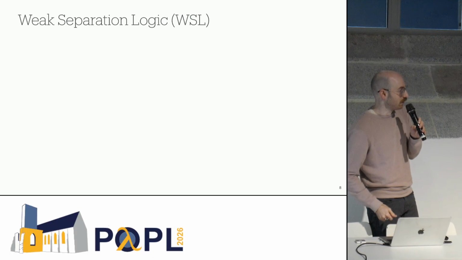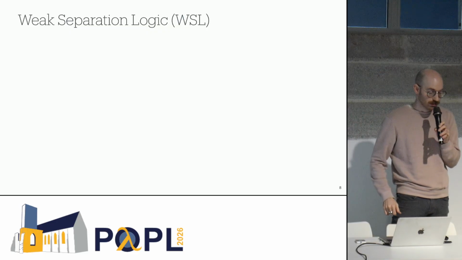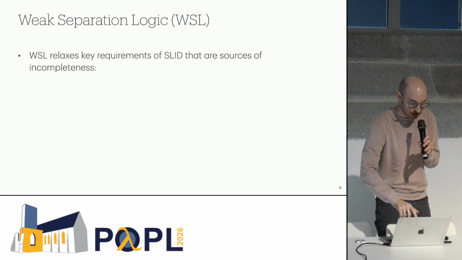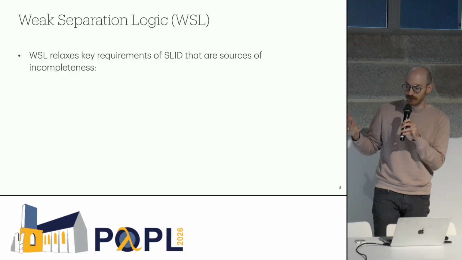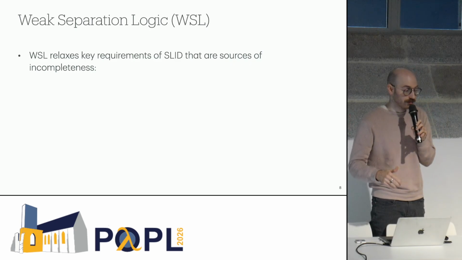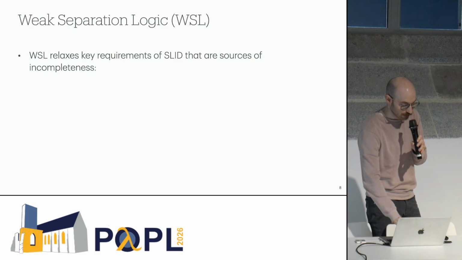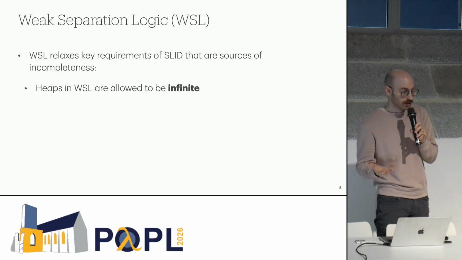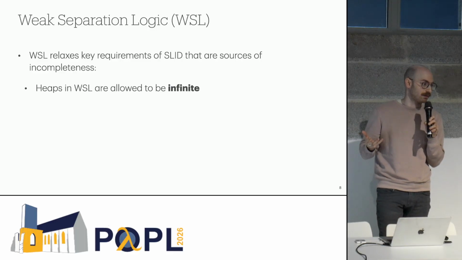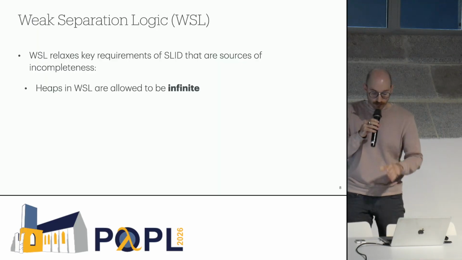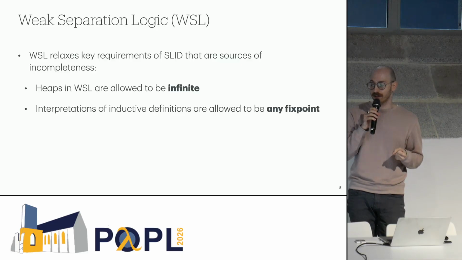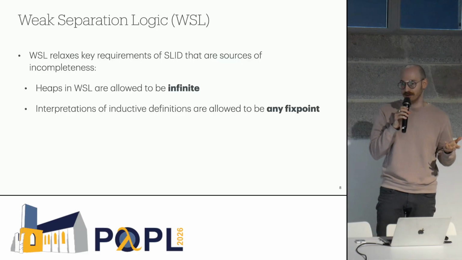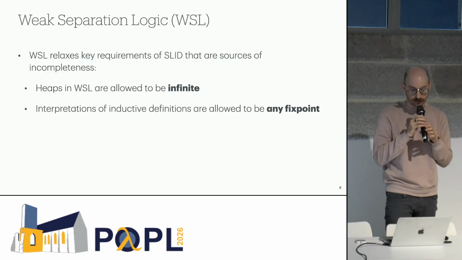So what is WSL, weak separation logic? It's a weaker semantics that relaxes key requirements of separation logic with inductive definitions that are incomplete. In weak separation logic, heaps are allowed to be infinite and not just finite. Interpretations of inductive definitions are allowed to be any fixed point and not just least fixed points.